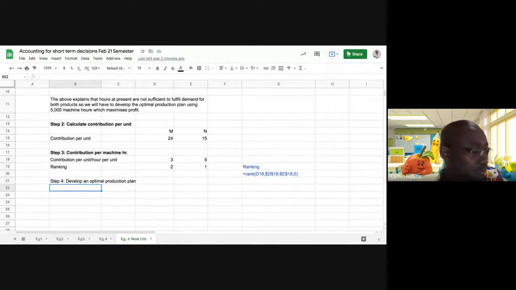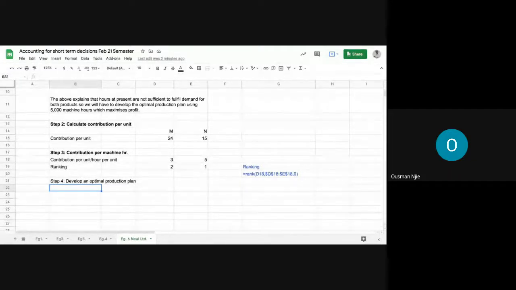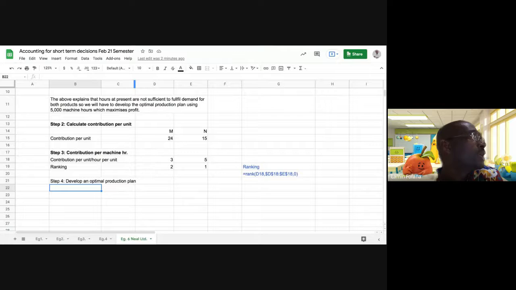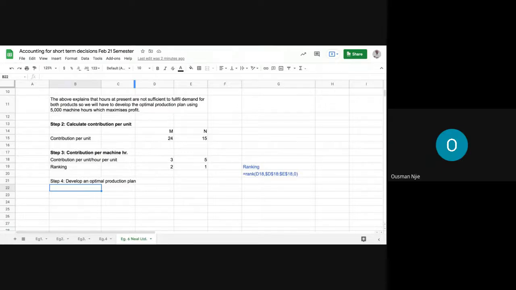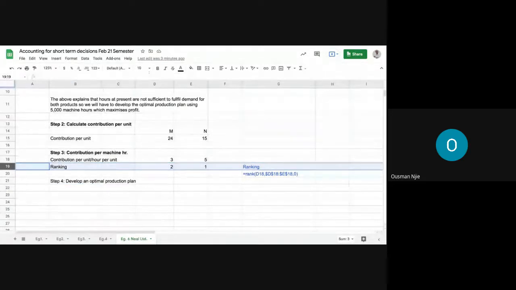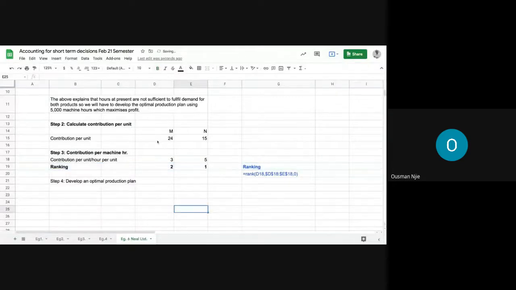Looking at the number of hours that we got from the calculation in the previous step, 4,800 hours, which is less than 5,000. Yes, the contribution will be given to the one that is not adequately available, because it's the limiting factor, like the 4,800 hours, which is less than 5,000.